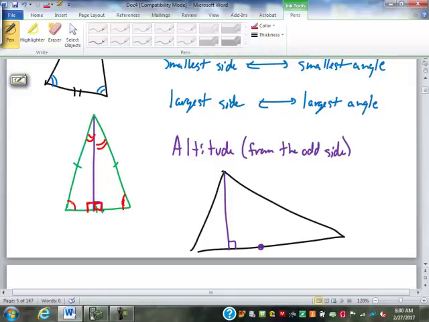So since we know two of the angles are the same, the third one must be the same. So when we draw an altitude from the odd side to that other vertex, what we create is an angle bisector. By angle bisector, I mean it cuts that angle in half.